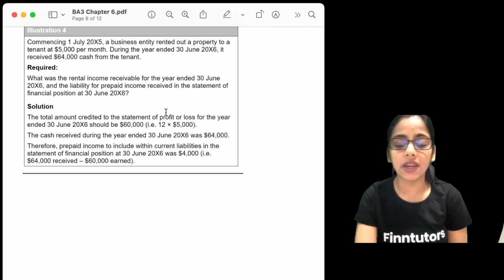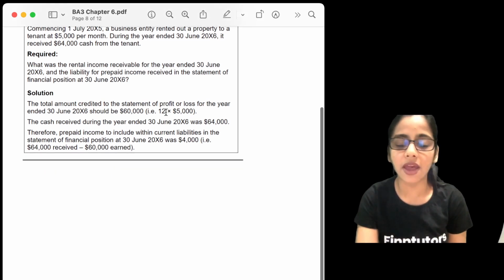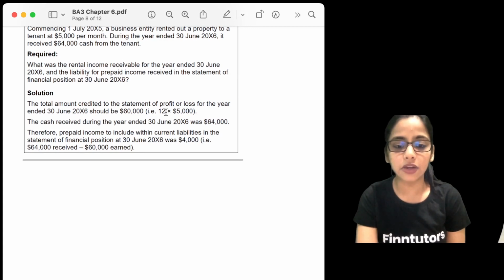During the year ended, it received $64,000 from the tenant. So the tenant paid $64,000, but your monthly income is $5,000 per month. So we will just multiply this with 12 and the entire rent will be $60,000, but the tenant paid us $64,000. So what was the income which was prepaid?